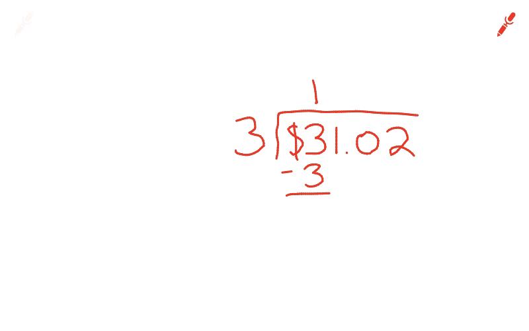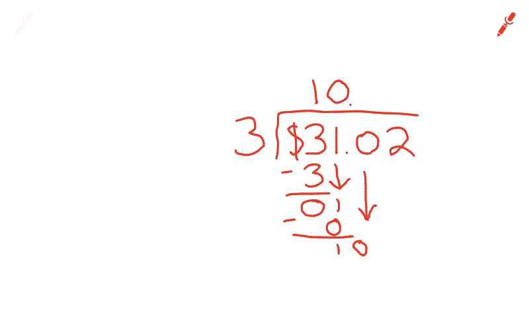Subtract, we get 0. We bring down our 1. I'm going to write a little smaller here. How many times does 3 go into 1? It doesn't, so we put a 0. 3 times 0 is 0. Subtract. We get 1. We need to bring down our 0 now. 3 goes into 10. How many times?